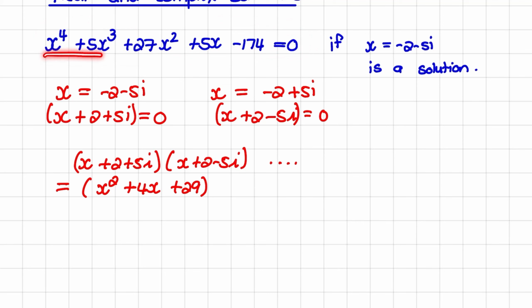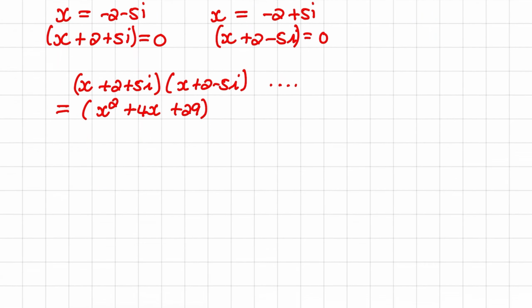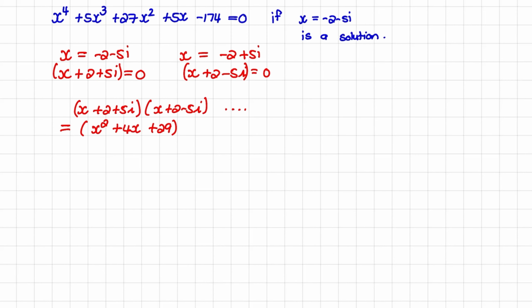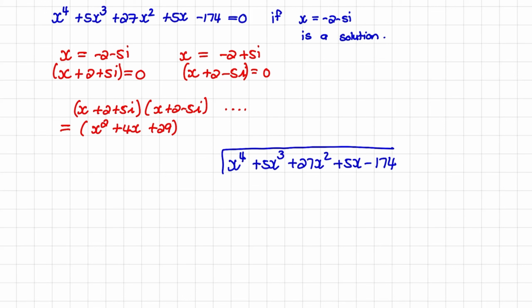So if I can divide this expression by this result, the remainder would be equal to 0. So let us do that now. We have x⁴ + 5x³ + 27x² + 5x - 174, and we are going to divide that by our result of x² + 4x + 29.